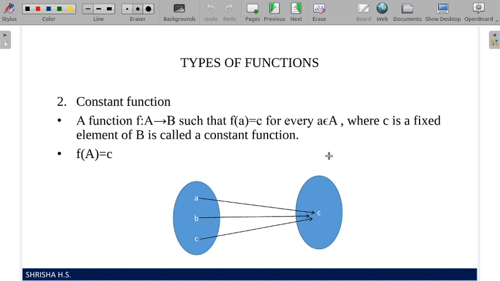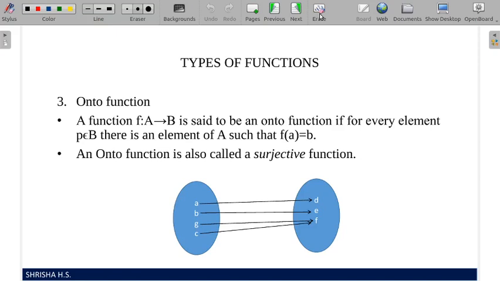Here also, I will make it d. If you apply to a, you get d. B also, you get d. C also, you get d. Some constant value, one constant value you always get. This is set A, this is set B.